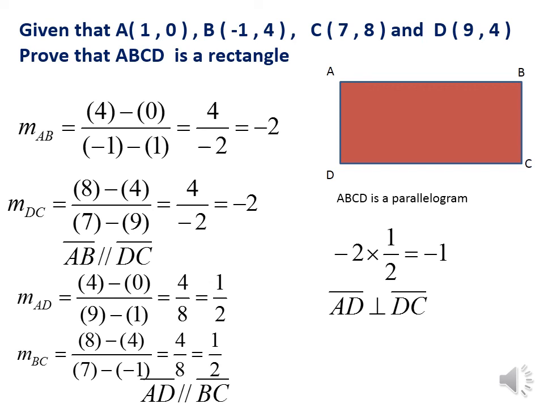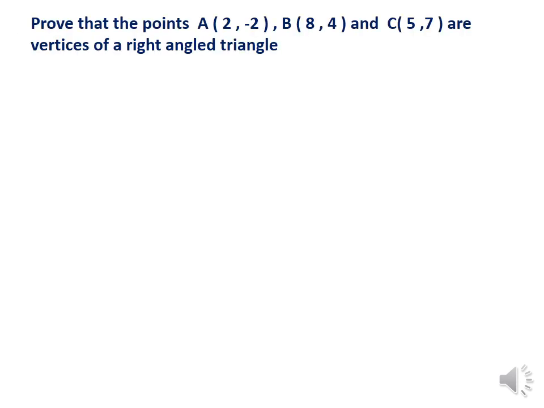Multiply m1 times m2: negative 2 times 1 over 2, finally negative 1. So the product of the two slopes equals negative 1. Finally, I can say that AD is perpendicular to DC. That means ABCD is a rectangle.